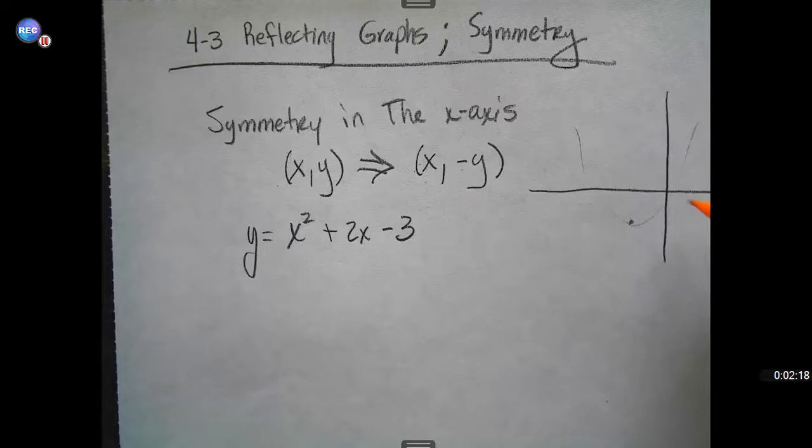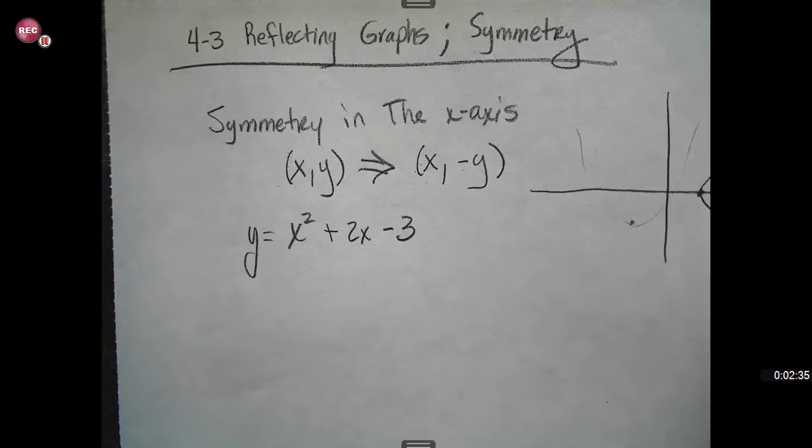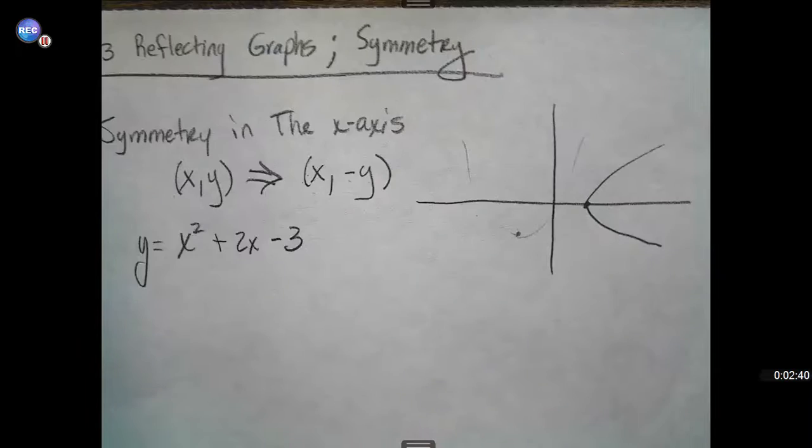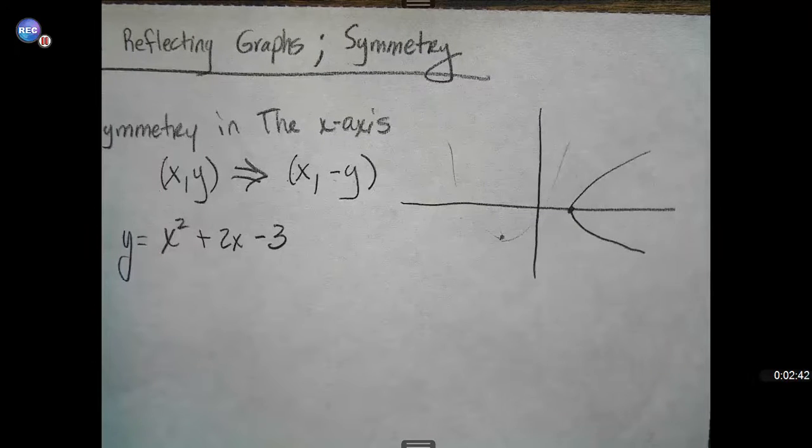And to have symmetry in the x-axis means that if I flip it around the x-axis, it's going to land on itself, and obviously this parabola will not. But this parabola would. This parabola would land on itself if I flipped it over the x-axis.